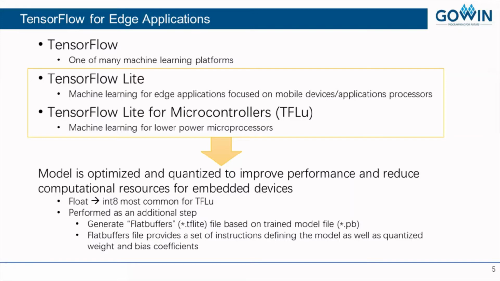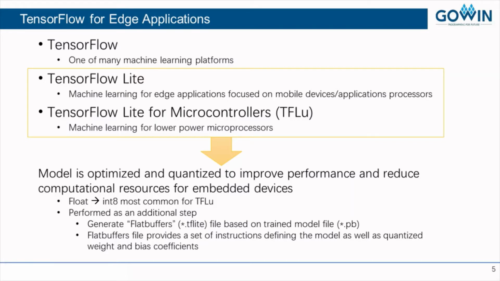However, there's actually some sub-tools within TensorFlow focused on targeting embedded hardware. The first one is TensorFlow Lite, and this is machine learning for edge applications, but it's really focused on running trained models on mobile devices such as smartphones and tablets, and on A-series processors.